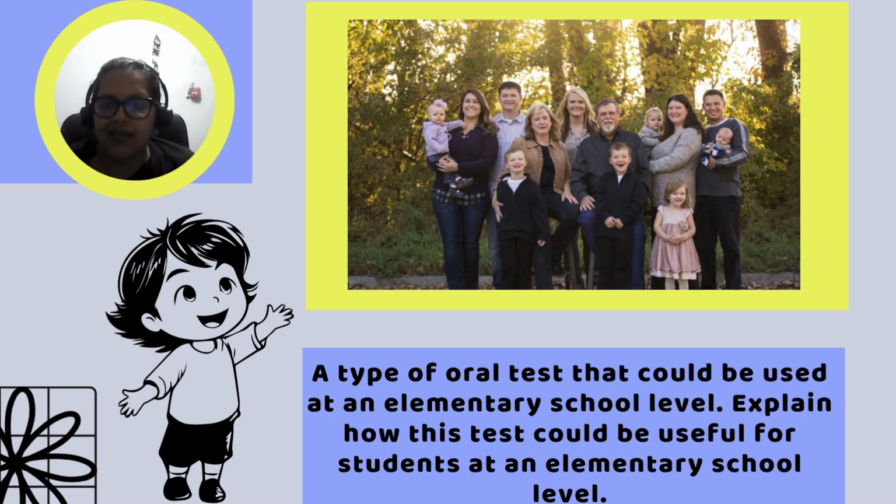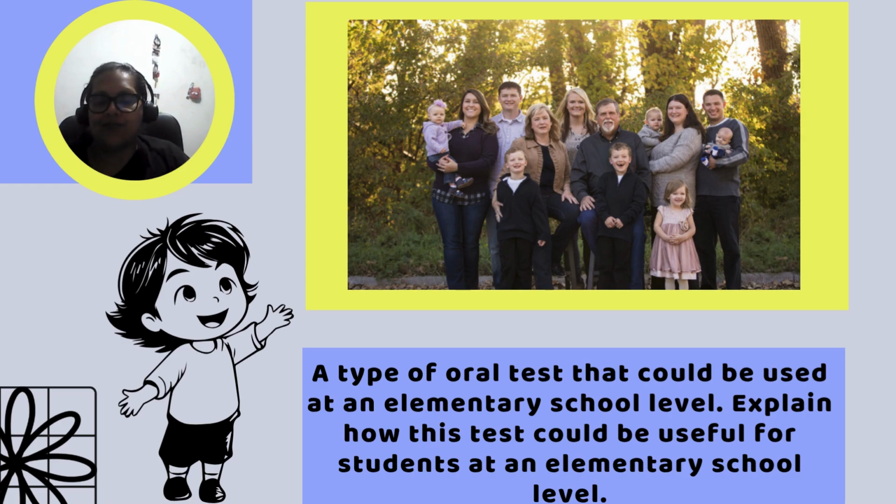I prefer to choose, for example, a picture about a family, because they can use it. I can ask them to talk about their parents, their brother, sister. We can use vocabulary related with possessives. We can use comparatives, and the kids can enjoy it and relate it with their own family.